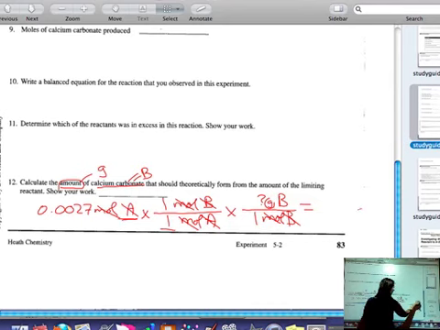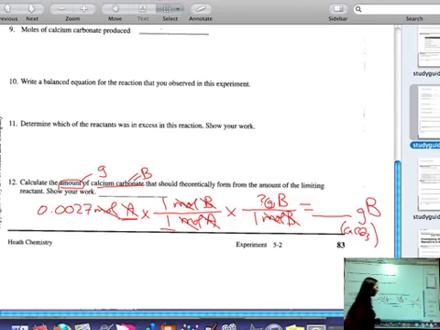So that equals grams of B, which is also calcium carbonate. Sorry, I got myself a little confused using A and B, but if you know that calcium carbonate is B, and you figure out what A is, you can figure out the rest of this answer. Okay, and so I'll leave that up for a second so that we can then move on to number 13.